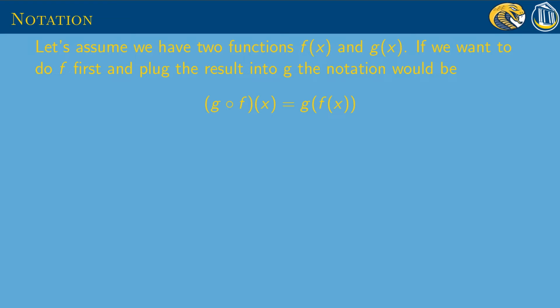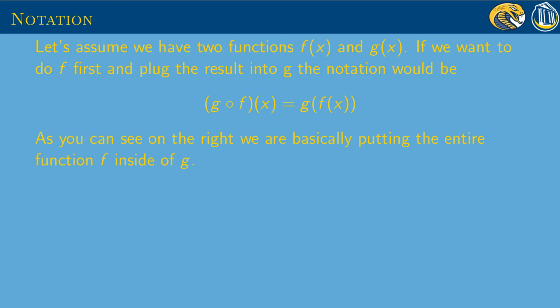The notation of this is pronounced g of f, in this case g of f of x, or equivalently g composed with f. And that is where we take the function f of x and plug it directly into g. As you can see, we're putting the entire function f inside of g.